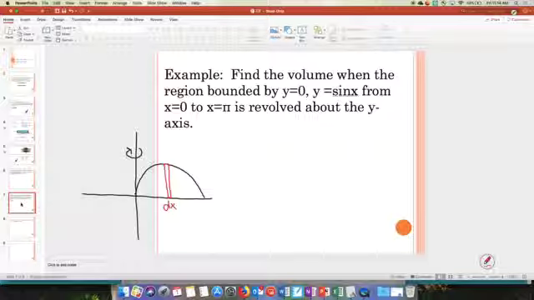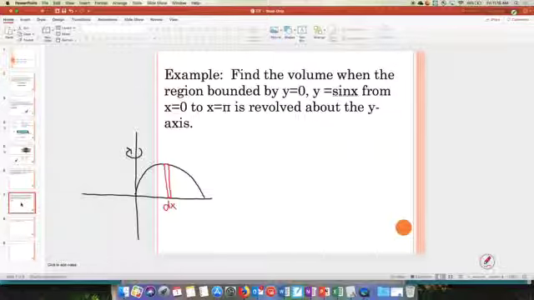Okay, so here's the deal with this problem. We can't write this in terms of y. Our only option is to keep it as y equals the sine of x. So our only method of choice here is the shell method.